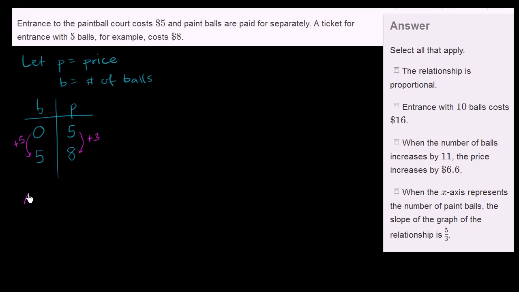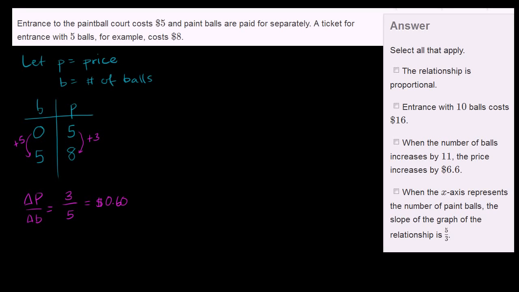So we could say our change in price over the change in the number of balls is equal to, our change in price is $3 when our change in the balls is 5. So you could view this as your unit price per ball, your unit rate of change of price per ball. This is going to be 60 cents per ball.